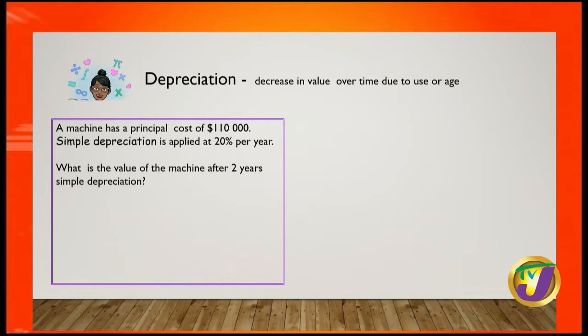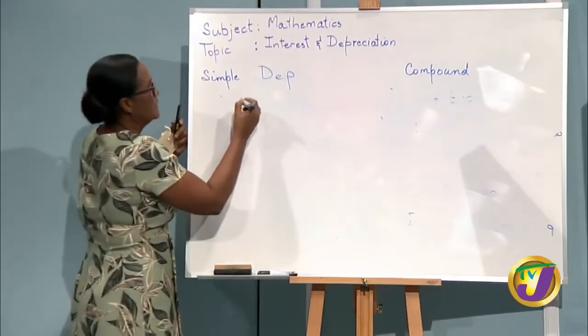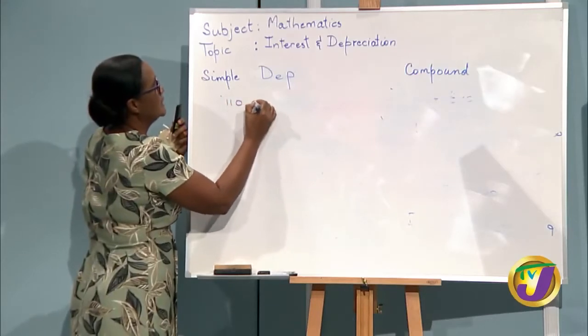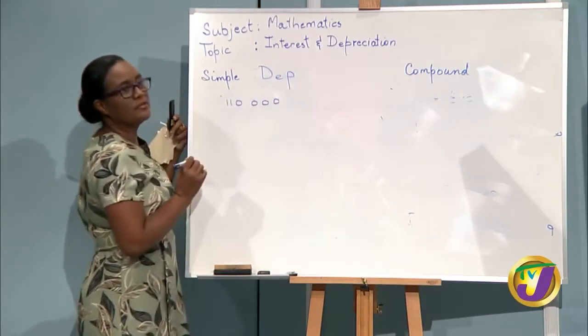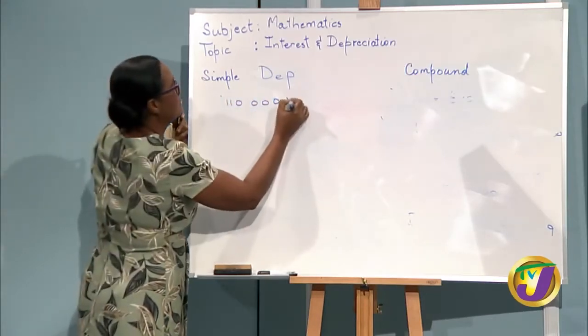Simple depreciation is similar to simple interest, except that you are reducing the cost. So we're going to reduce the cost of this machine because of its age. So we're now doing depreciation, which means we are reducing. So we're starting with $110,000, and the rate is 20%.